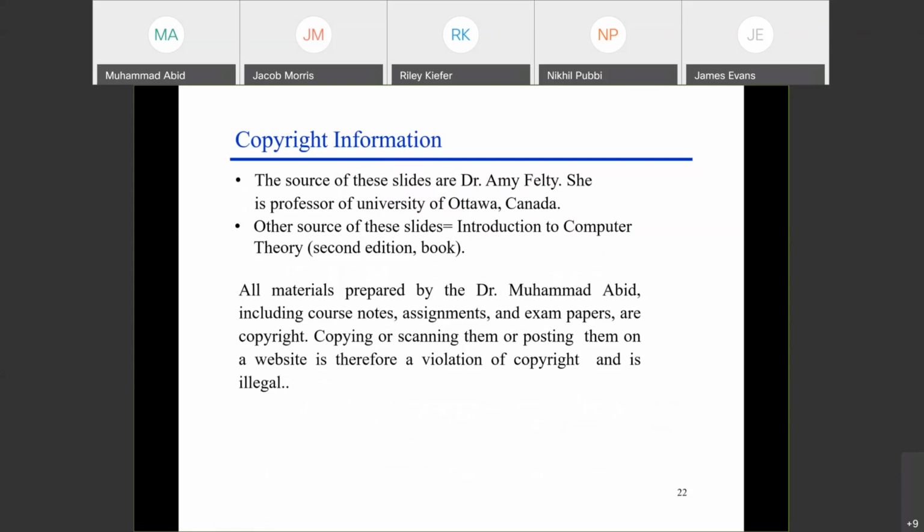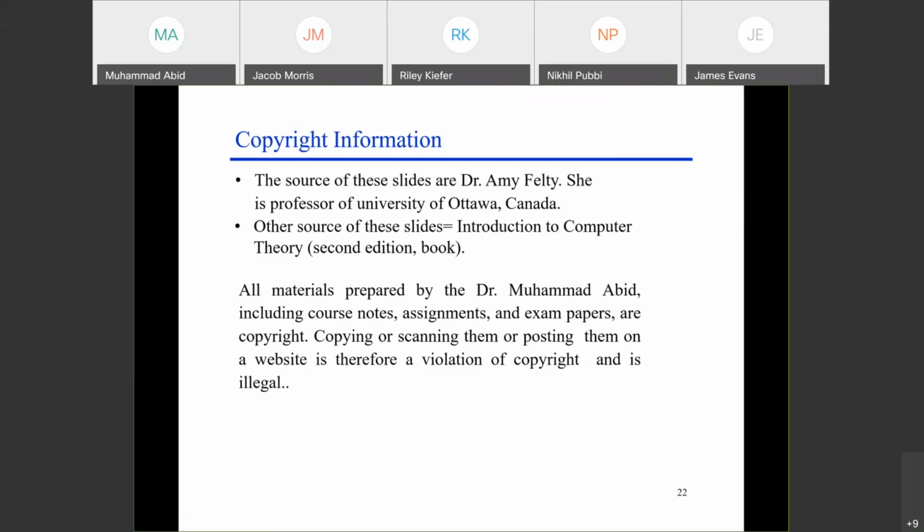So here we finish this chapter, and it is very important to mention that I did not get these slides from this book. There is a distinguished professor, Dr. Amy Felty, at the University of Ottawa, Canada. That's my alma mater, where I did my PhD and my master's.